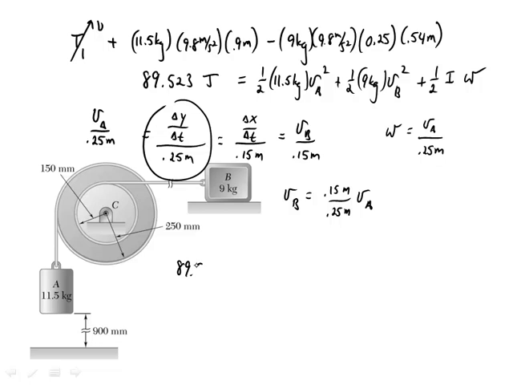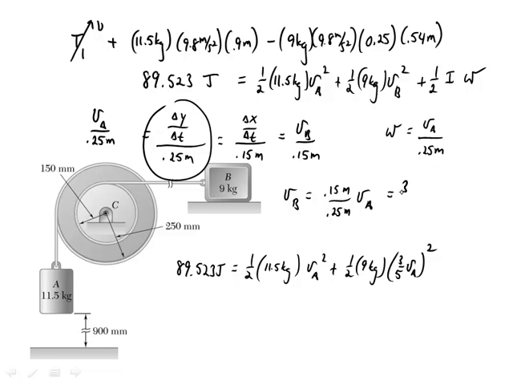So 89.523 joules equals 1/2 times 11.5 kilograms times the velocity of A squared plus 1/2 times 9 kilograms times the velocity of B, but that's 3/5 the velocity of A. Square that, right? Plus 1/2 I, but I is 14 kilograms times 0.165 meters, squared.